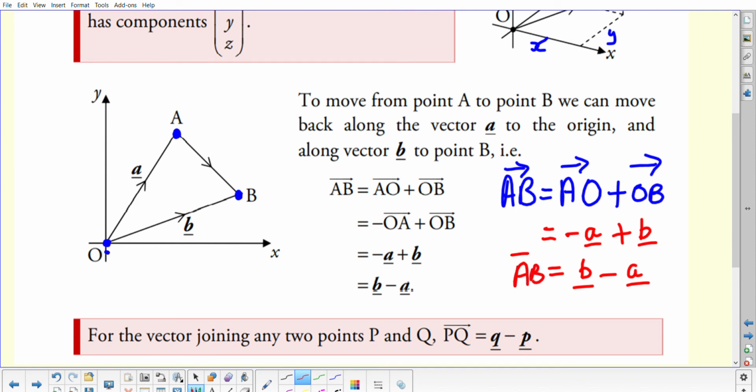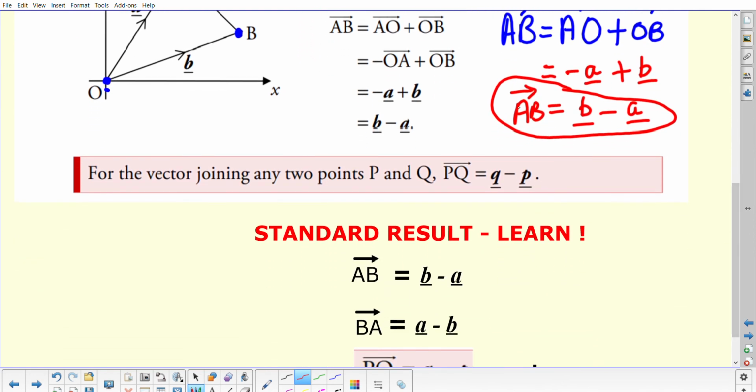And it's this result that is a kind of standard result for position vectors. For any 2 points that you're trying to find a vector or work with components, the quick way to get the single vector that represents A to B is it's always the second letter's position vector that goes first, and then you've got a minus and then the position vector of the first letter.